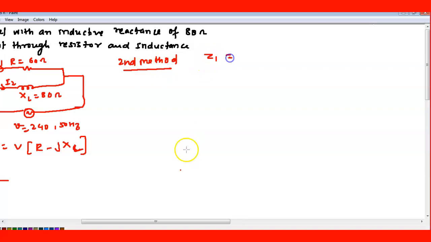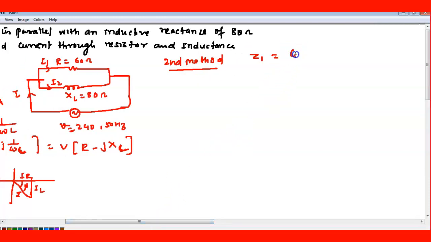Z1 is equal to, write it here, 60 plus j into 0, because there is no L or C. Z2 is equal to 0 plus j into 80, right? So Z equivalent is equal to Z1 into Z2 by Z1 plus Z2.